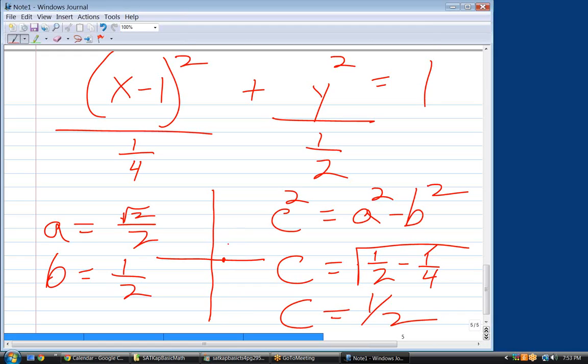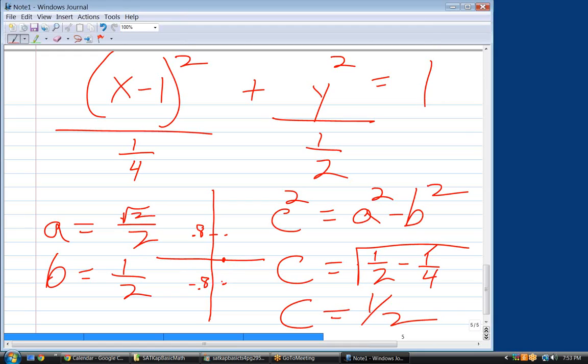It's a vertical ellipse that goes up by this amount, which is like 0.8. That's A. I'm just estimating what square root of 2 over 2 is.